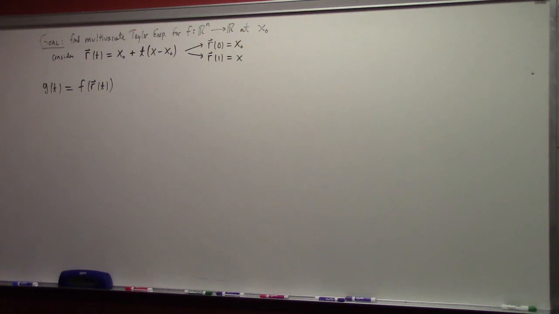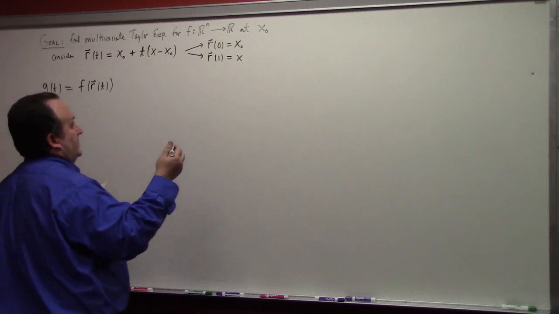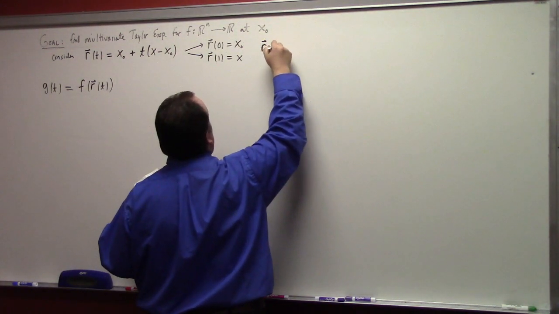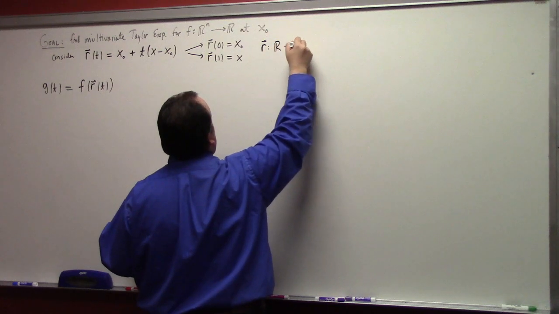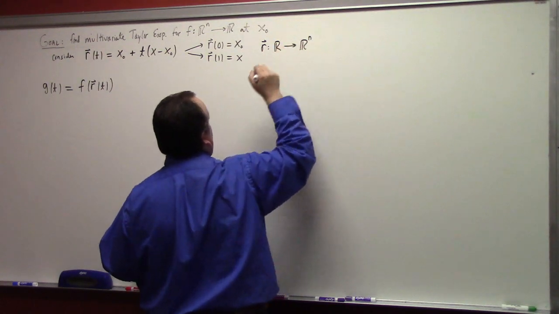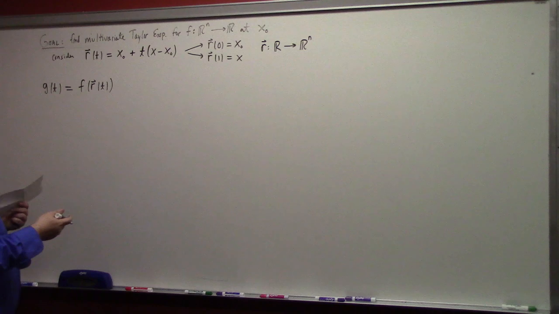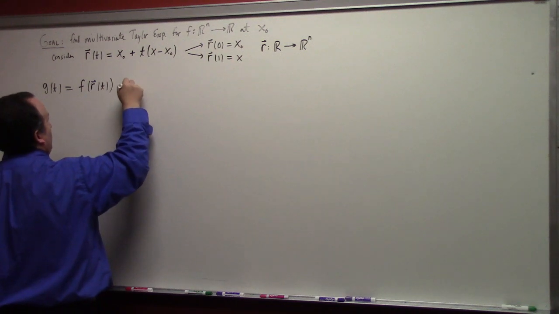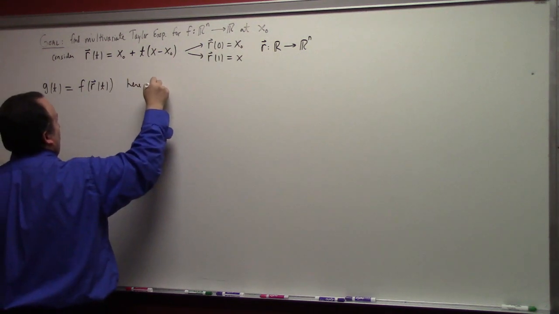And in so doing, now I've got g as a mapping from where to where. Like r here, r is a mapping from what? From R back to Rn. So if I compose f and r, I've got an honest to goodness mapping, g is a mapping from R to R, right?